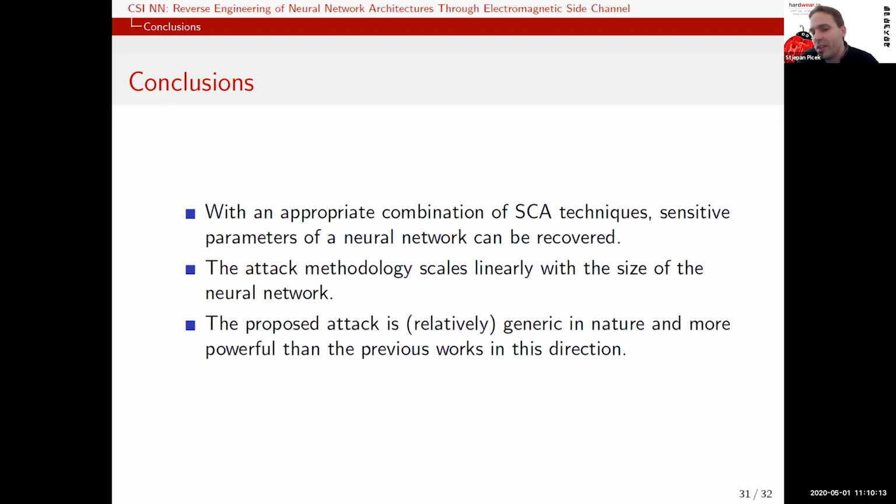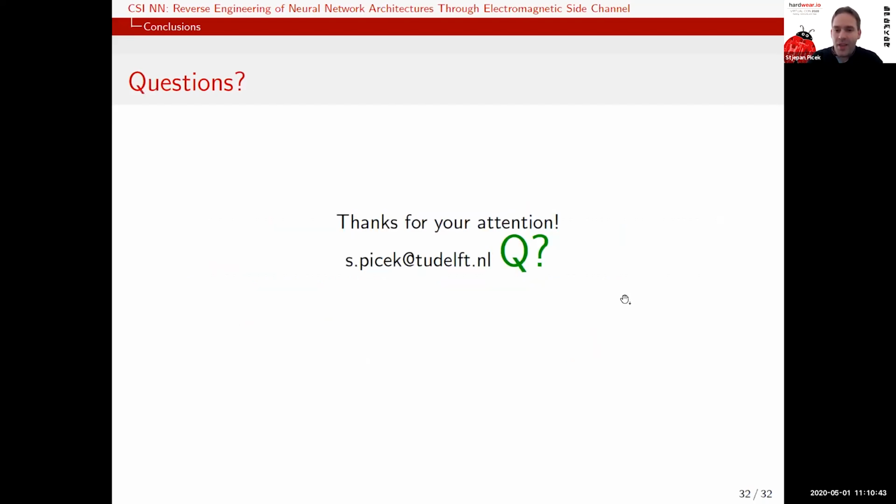And in those settings, if you use appropriate techniques, and if you are a limited power attacker, you can still reverse engineer the full neural network architecture, which says this is a domain that is open for the future, because we will be needing many defenses that are cheap, especially for embedded devices, but strong enough to secure the device itself. And that would be all from my side.